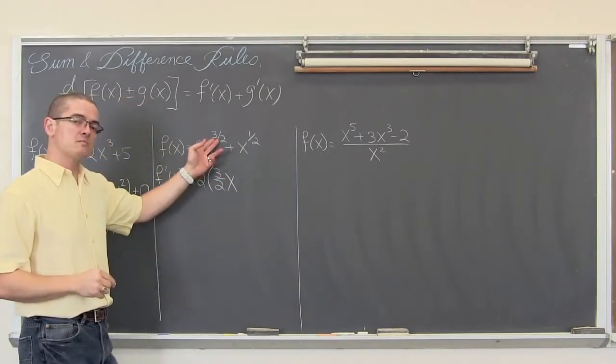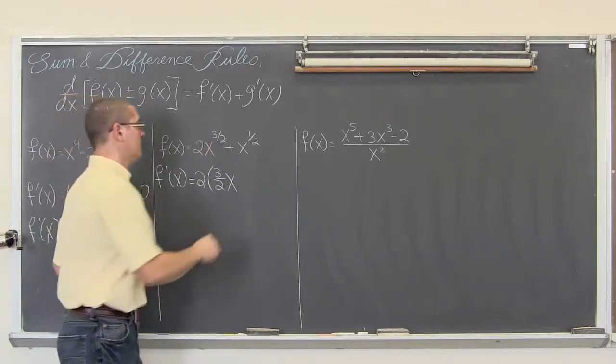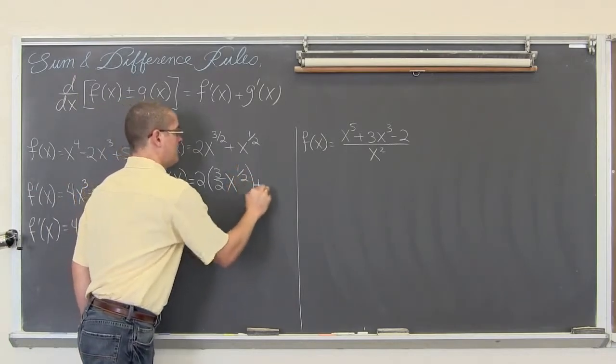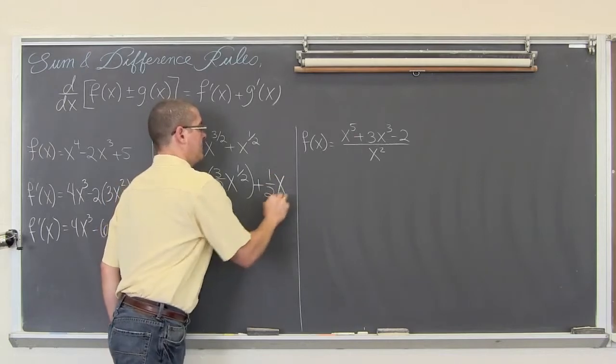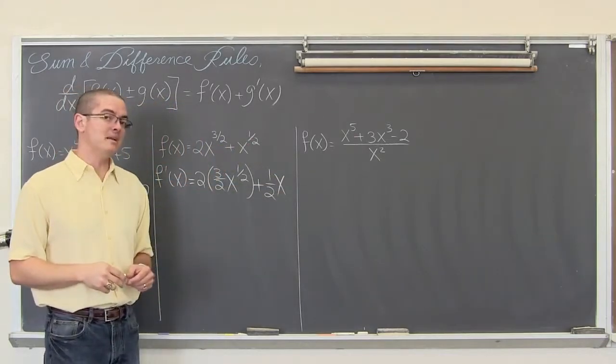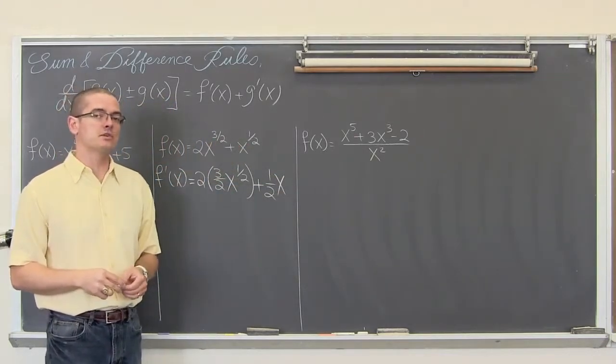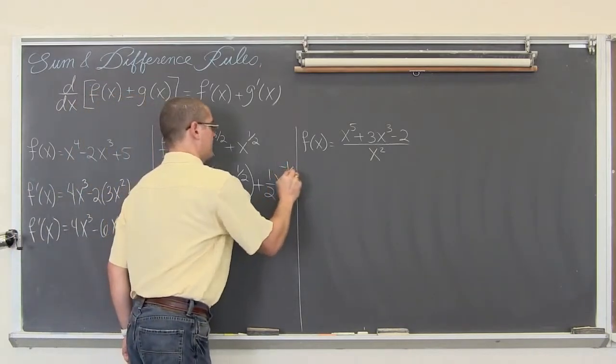Reduce this by 1, so we're going to subtract 2 over 2 and get 1/2, plus, take this exponent, drop it out, so we're going to have 1/2. And then x to the 1/2 minus 1, 1/2 minus 2 over 2 is going to be negative 1/2.